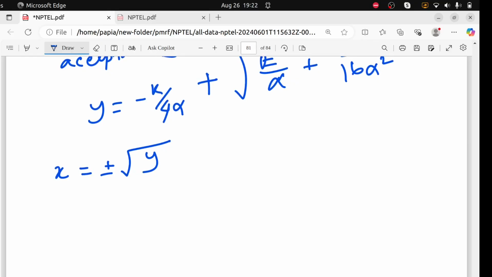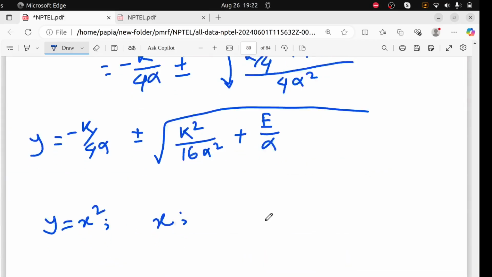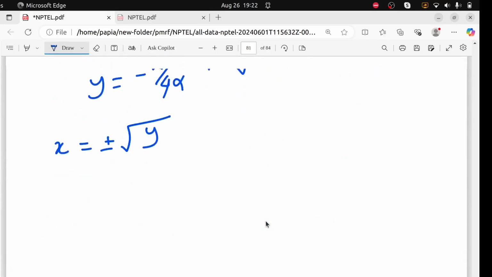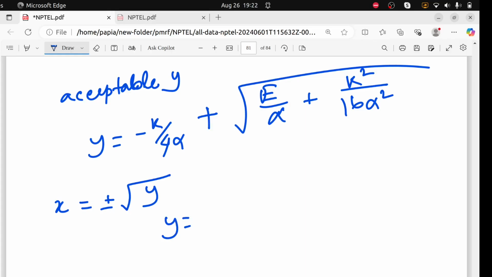One further modification I can do is this.